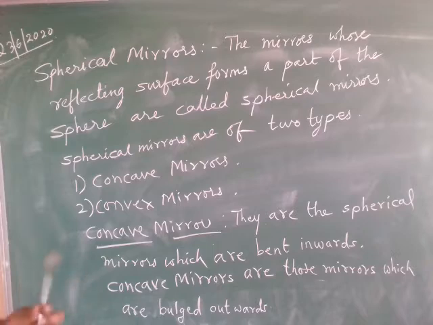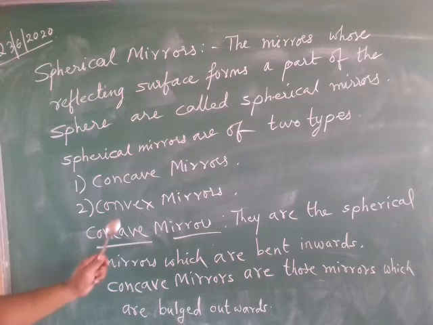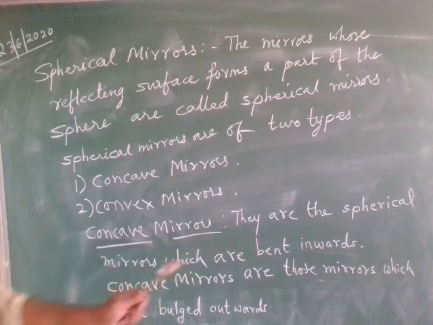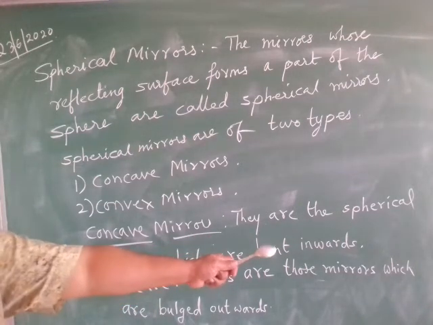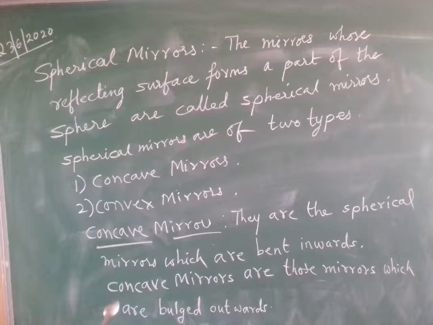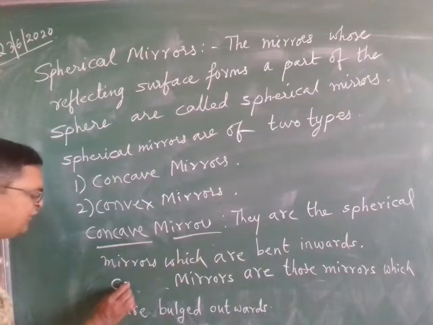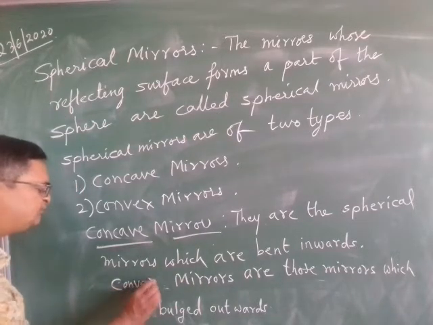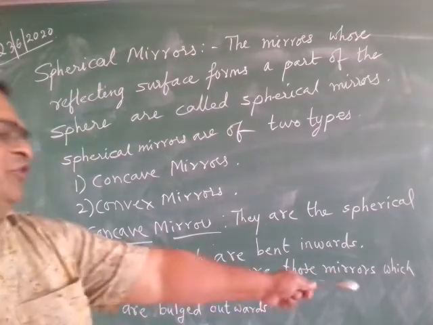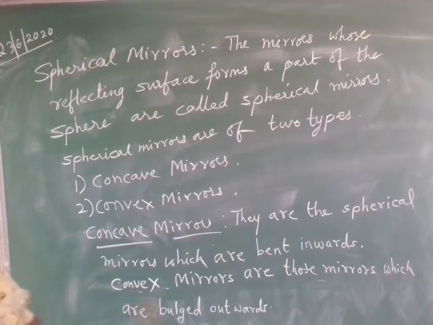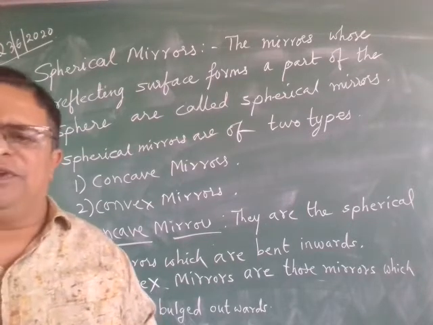Concave mirrors are those spherical mirrors which are bent inwards, and convex mirrors are those mirrors which are bulged outwards.